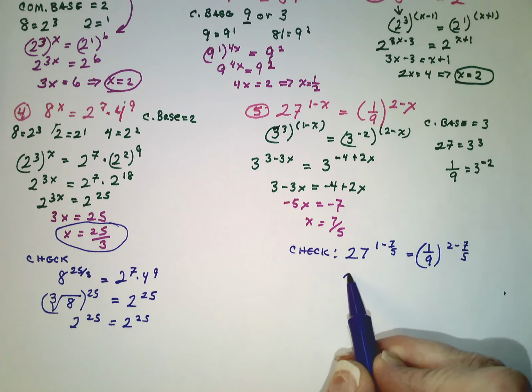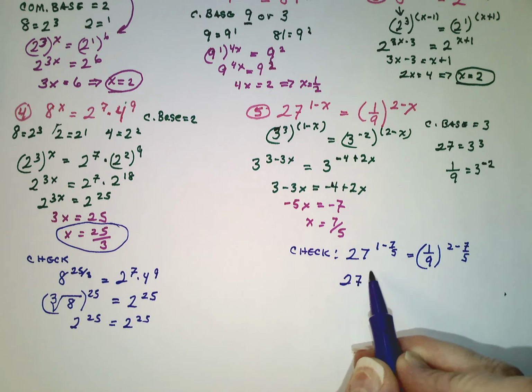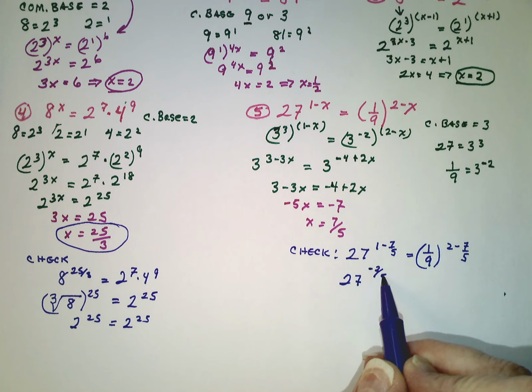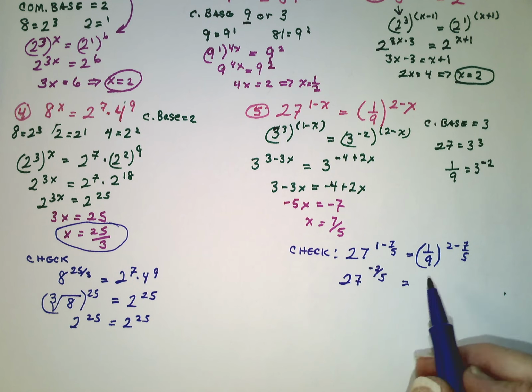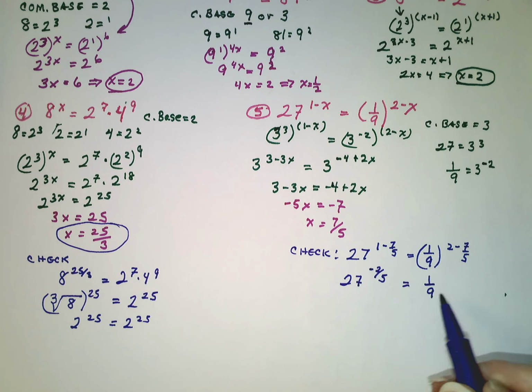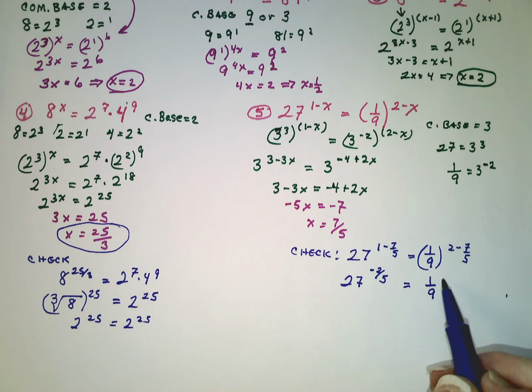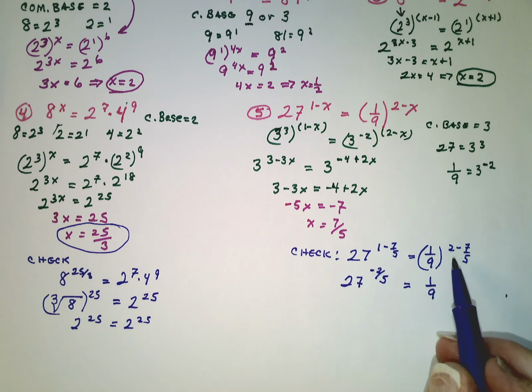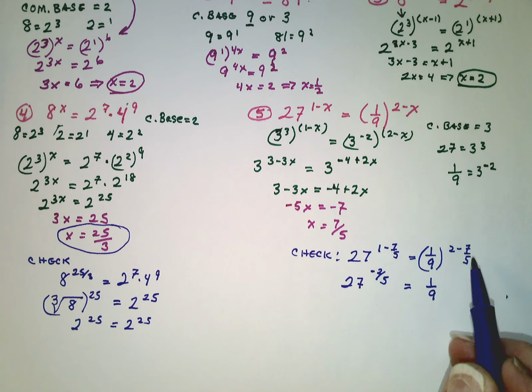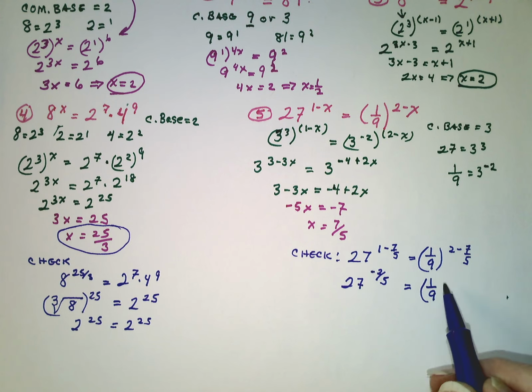Lovely. 27. So this is 5/5 minus 7/5, to the negative 2/5 equals 1/9. So 2 whole numbers is 10/5. Subtract 7 is 3/5.